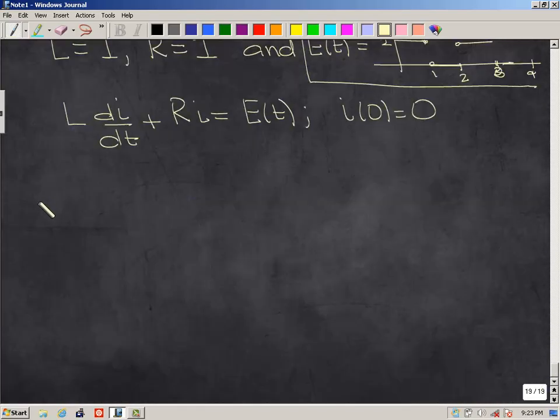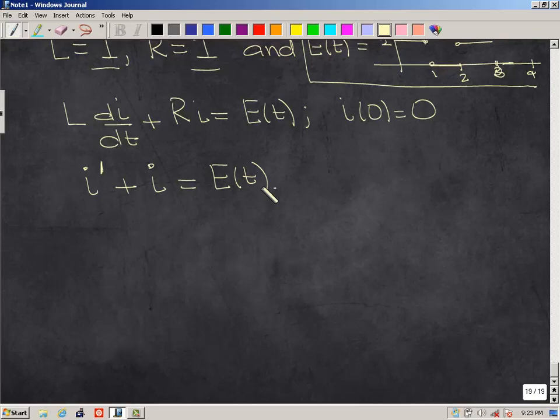So let's go ahead and plug in our values. R is 1, L is 1, so we get I prime, I'll just write it as derivatives, I prime plus I is equal to E of t. Now I take Laplace on both sides.